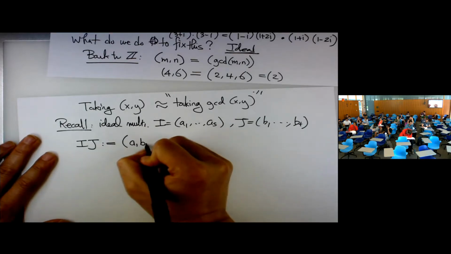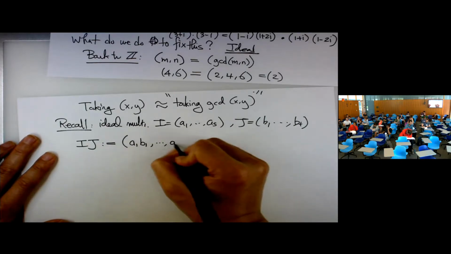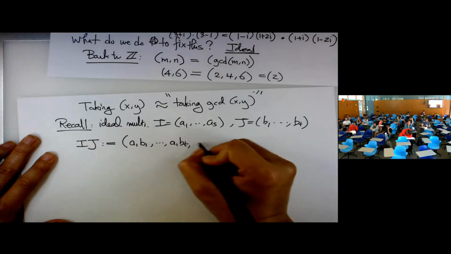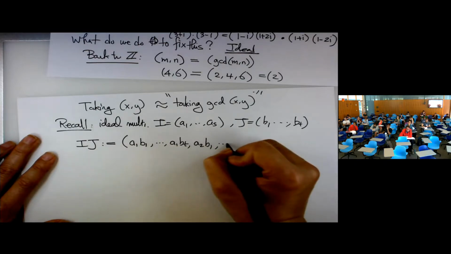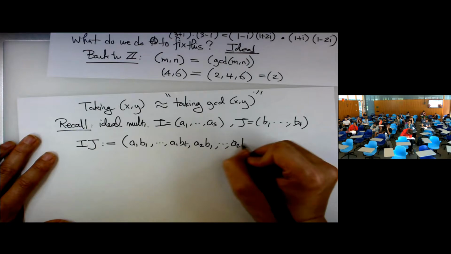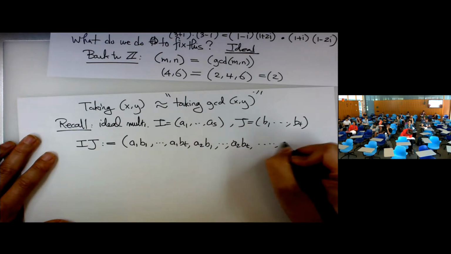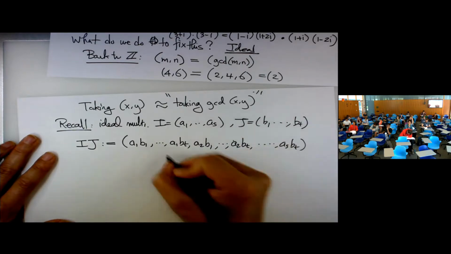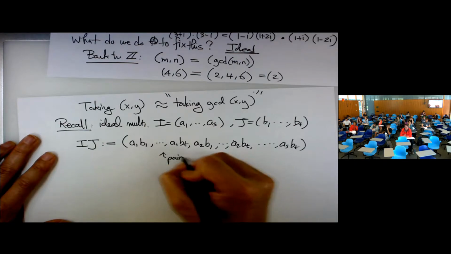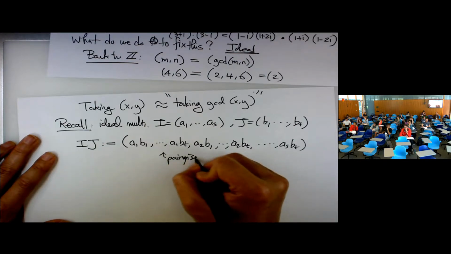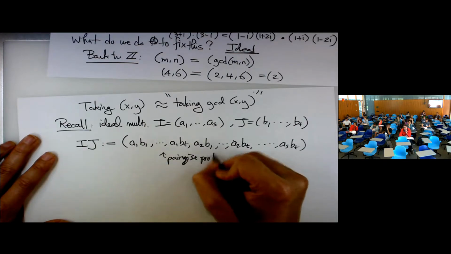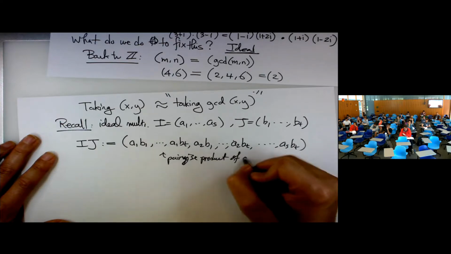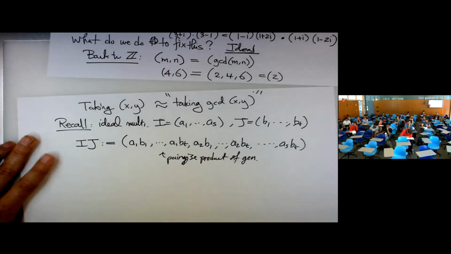This will be the ideal generated by the pairwise product of the generators of the two ideals. Okay?